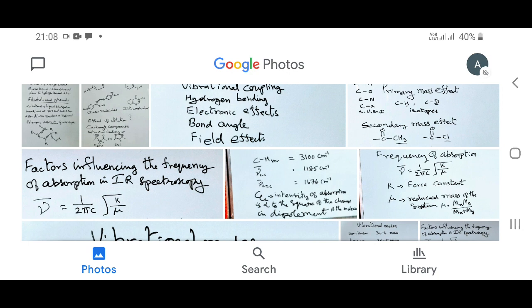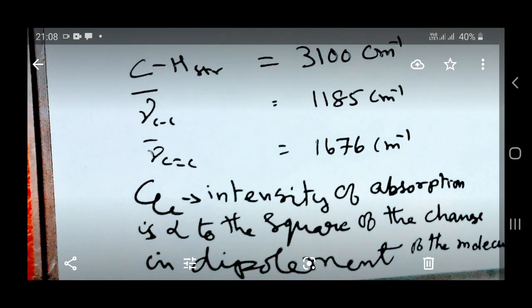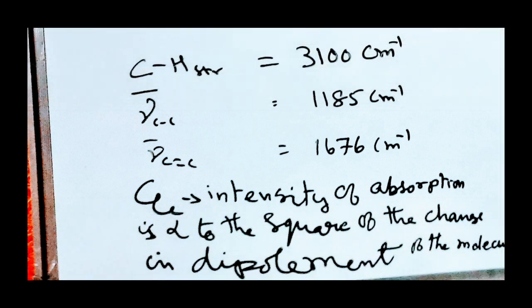So based on this formula, if you calculate the wavelength of absorption of a CH group, the calculation is done in William Kemp, Organic Spectroscopy. Please refer to page number 53. The CH stretching frequency is found to be around 3100 centimeter inverse.